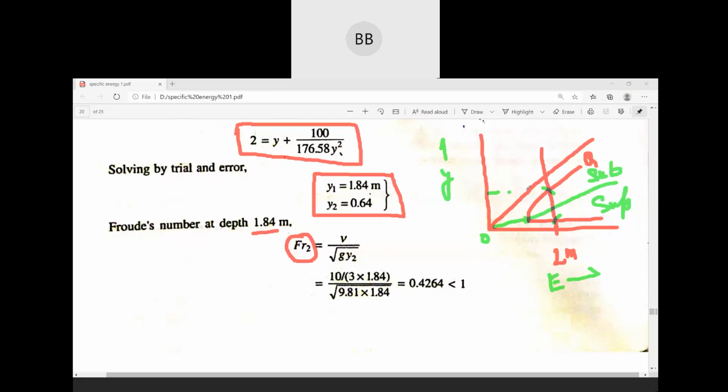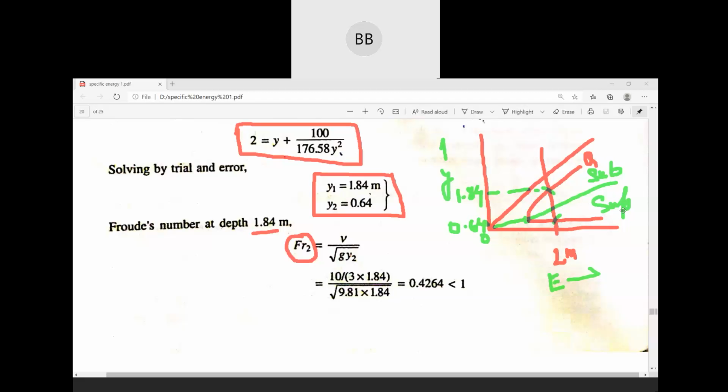The higher depth is in subcritical, so the higher value 1.84 is in subcritical flow, and the lower value 0.64 is in supercritical flow. One depth is greater than critical depth and one depth is less than critical depth.